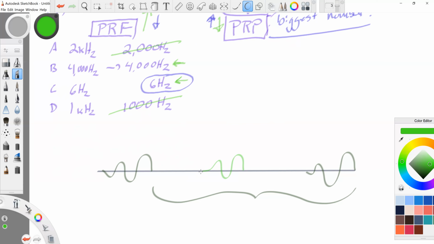I've gone from 2 to 3 or whatever, 2,000 to 3,000, whatever that means, but 2 to 3. Now look at my pulse repetition period. So I've increased my pulse repetition frequency and I've decreased my pulse repetition period. Obviously, this is less time here than here. Okay.